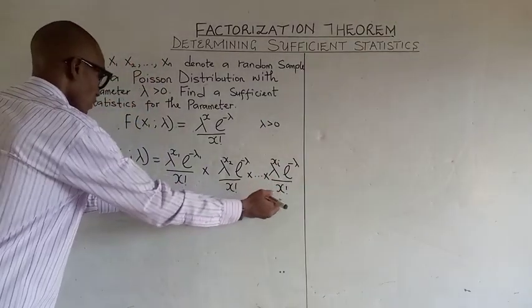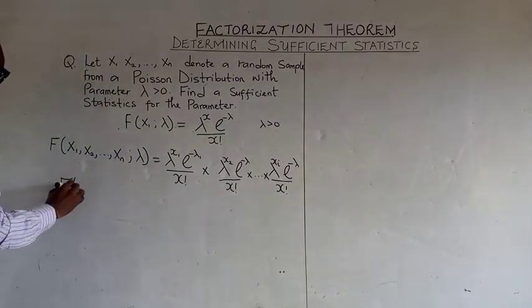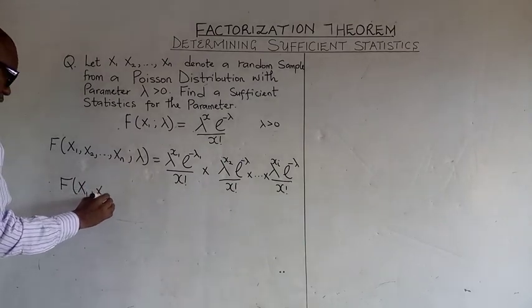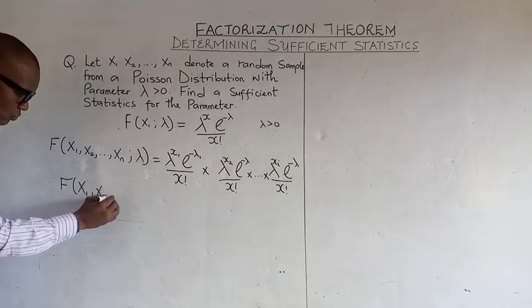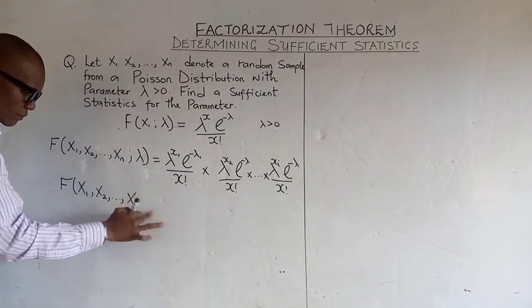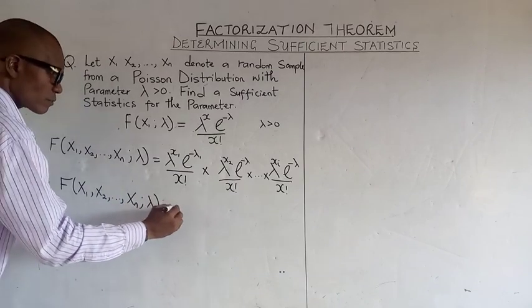Since we have this, we can combine it to get the function of x1, x2, to xn and the parameter lambda.